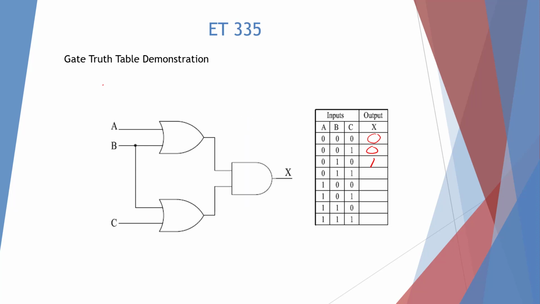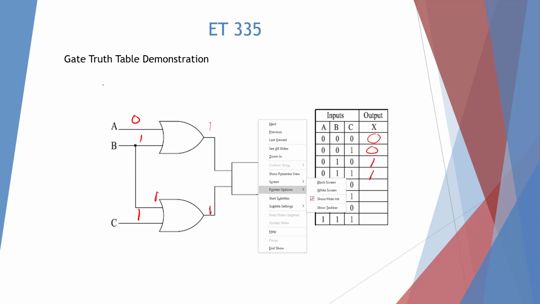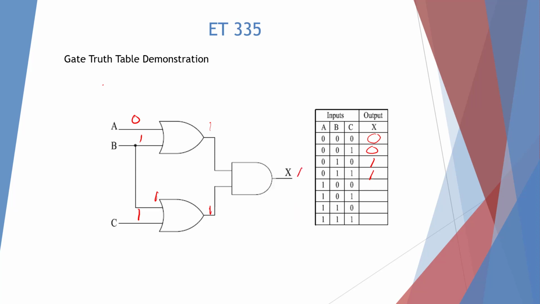Okay, then we're going to use a 0, 1, 1. And this guy will be a 1, 1, 1, 1. Bring out the eraser.